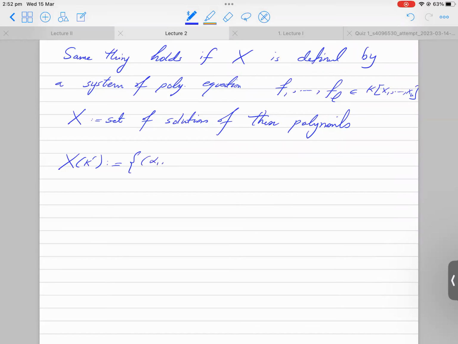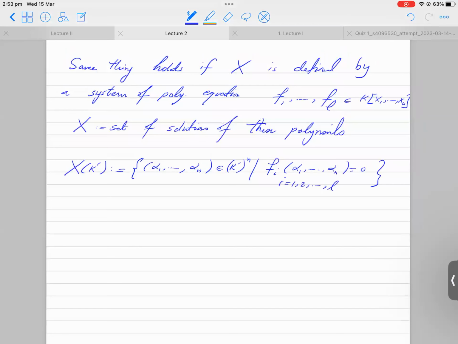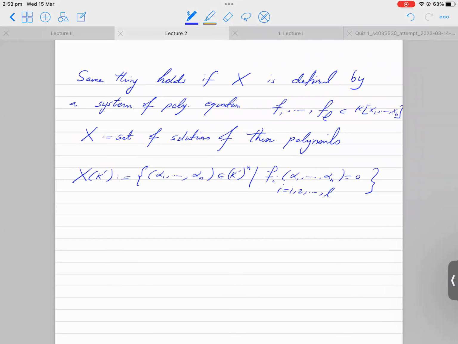This is (alpha 1, ..., alpha n) inside K prime to the n, such that f_i of alpha 1, ..., alpha n is equal to 0 for all i, for all the polynomials in question. This is what we mean by a K prime rational point on X.